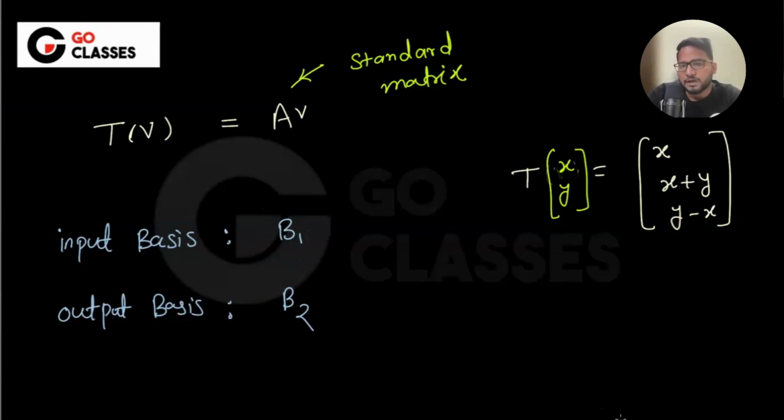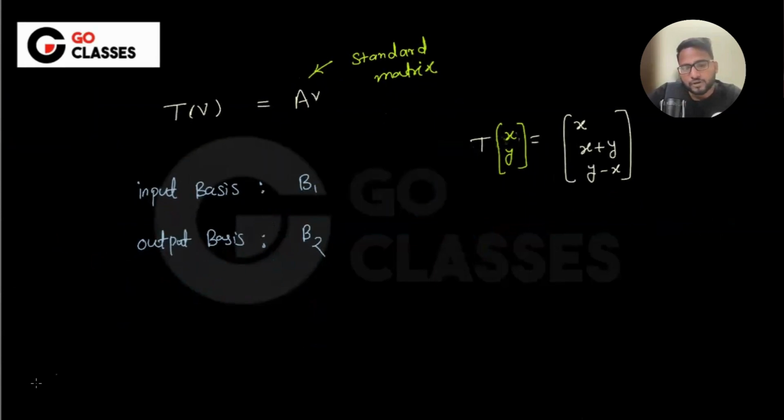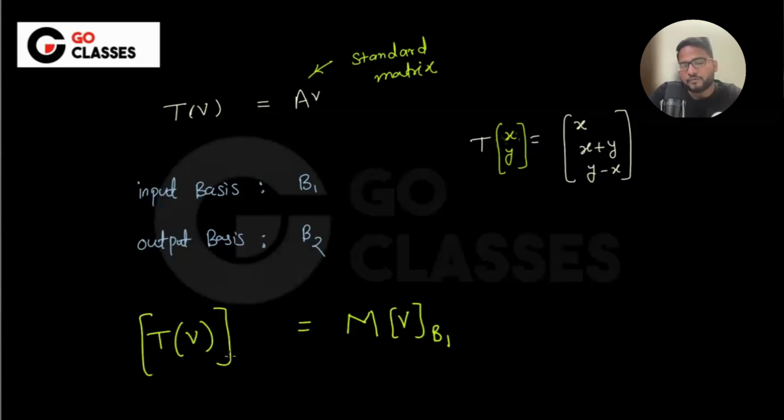In summary, what I'm looking for is some matrix, let's suppose M, which takes a vector from the basis B1, transforms the vector, and then gives this transformed vector in the basis B2, right? I'm looking for such a matrix M.